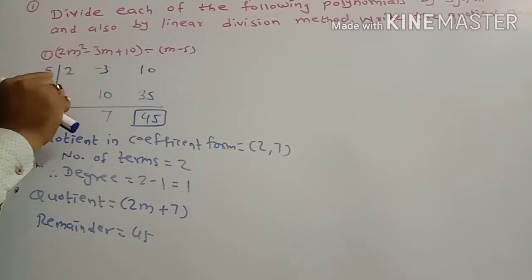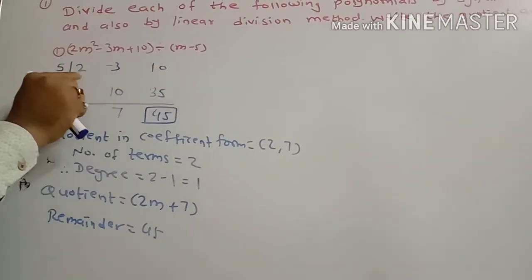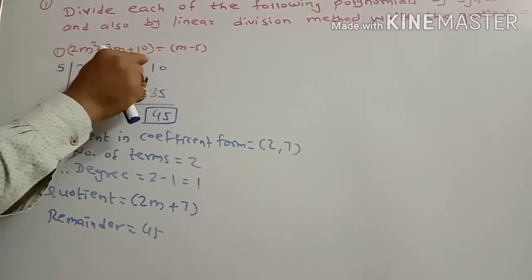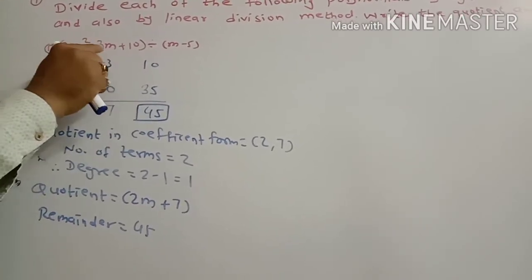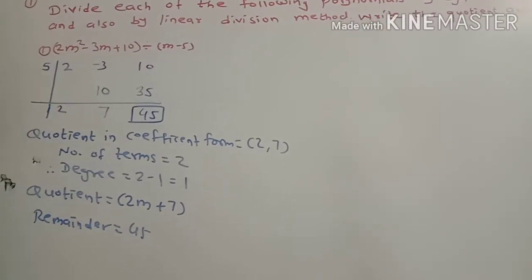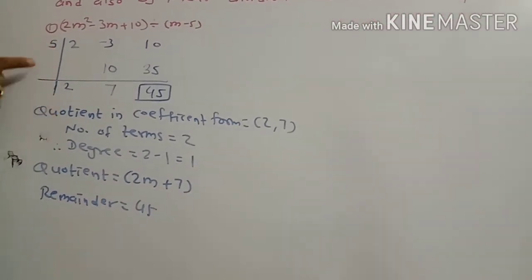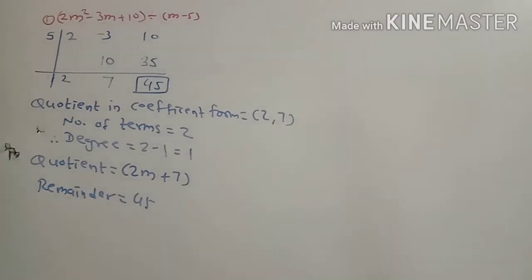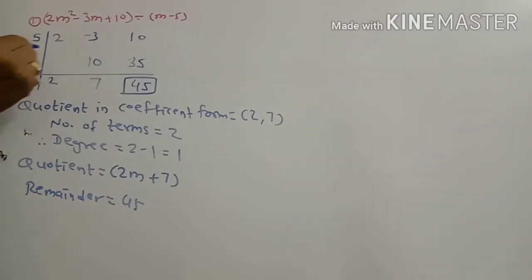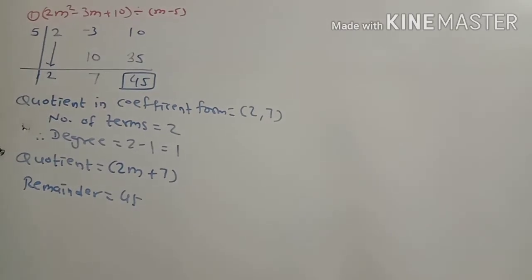Then to the right of the vertical line, in the first row, write the coefficients of the dividend: 2, minus 3 and 10. Then in the third row, below the horizontal line, write the first coefficient as it is, that is 2.